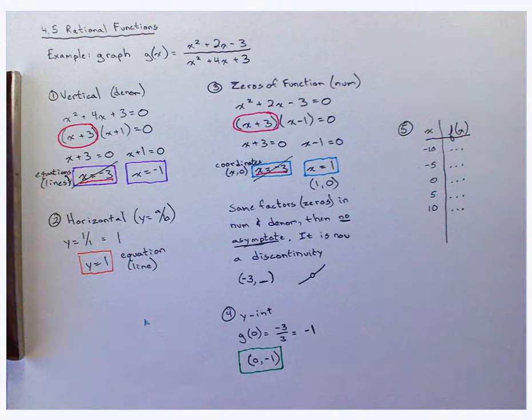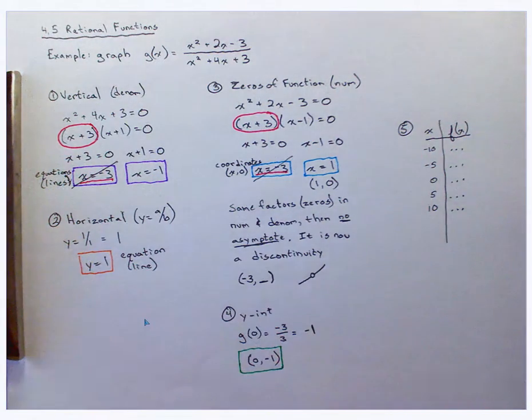The next thing I do is I find the zeros of the function and I use the numerator. Then I need to compare the factors. Do I have similar factors from the numerator and the denominator? If I do, I no longer have that 0 and that vertical asymptote. I have a discontinuity. So I have to make sure that I label that and be able to see.